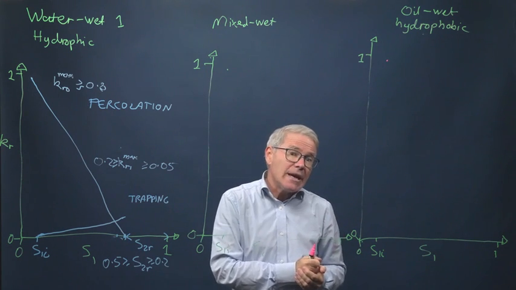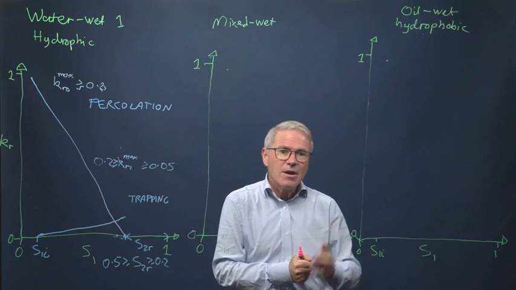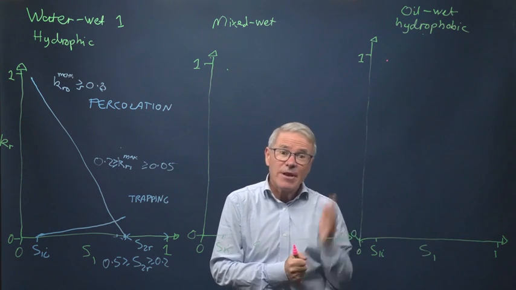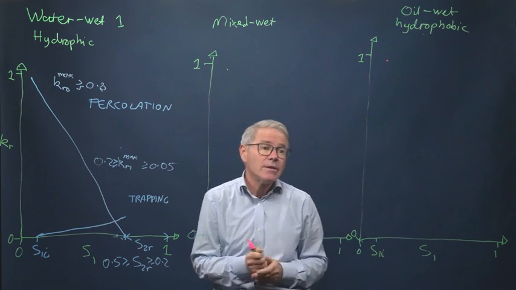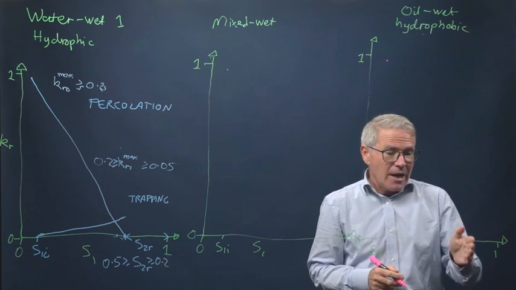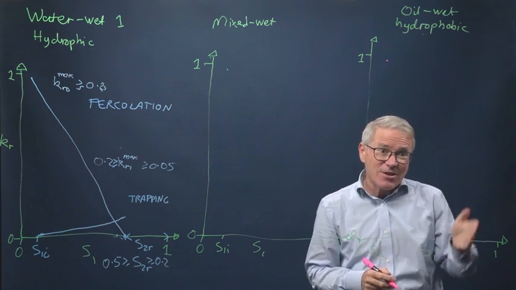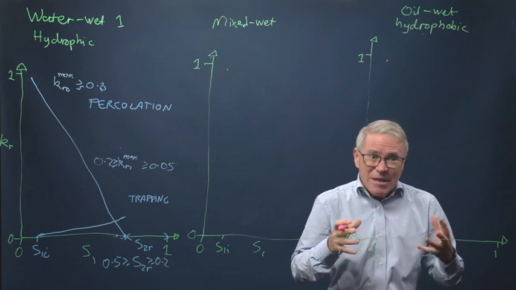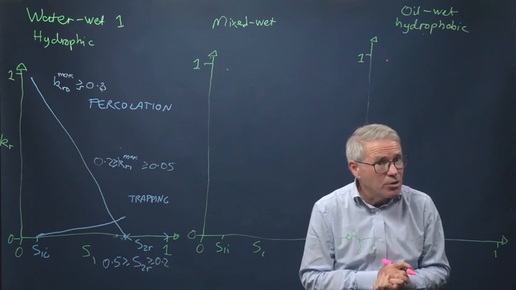So what we see here is that the relative permeability of phase 1, the non-wetting phase, rises actually really quite rapidly. And when we get to near the end of the displacement, it's basically filling all of the larger pore spaces.